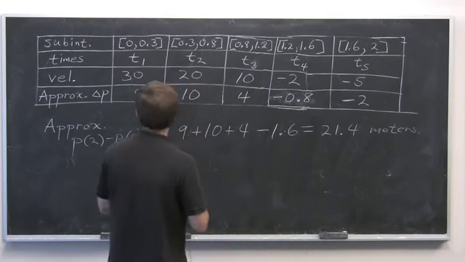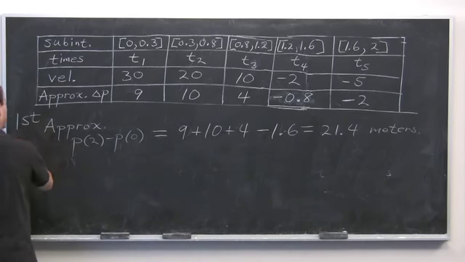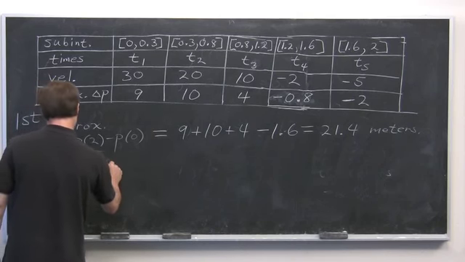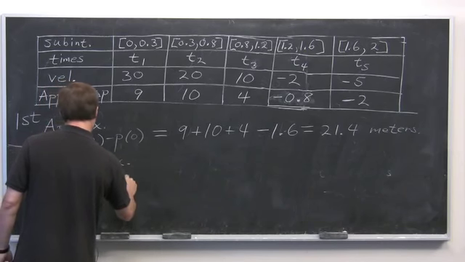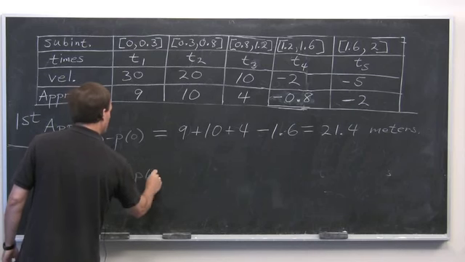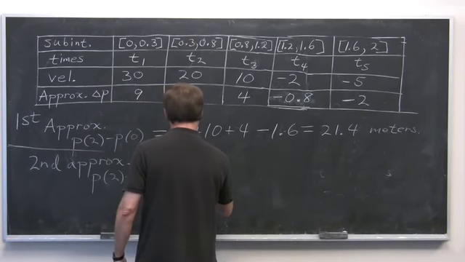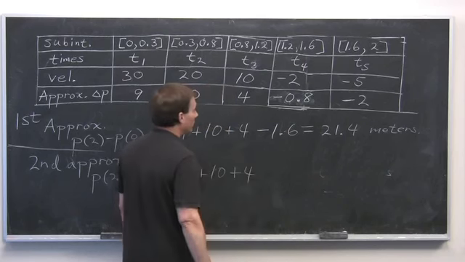Okay, so this was our first approximation. Our second approximation, assuming that we have the data that's now in this table, is, well, the first three numbers didn't change. So that still adds up to 23.